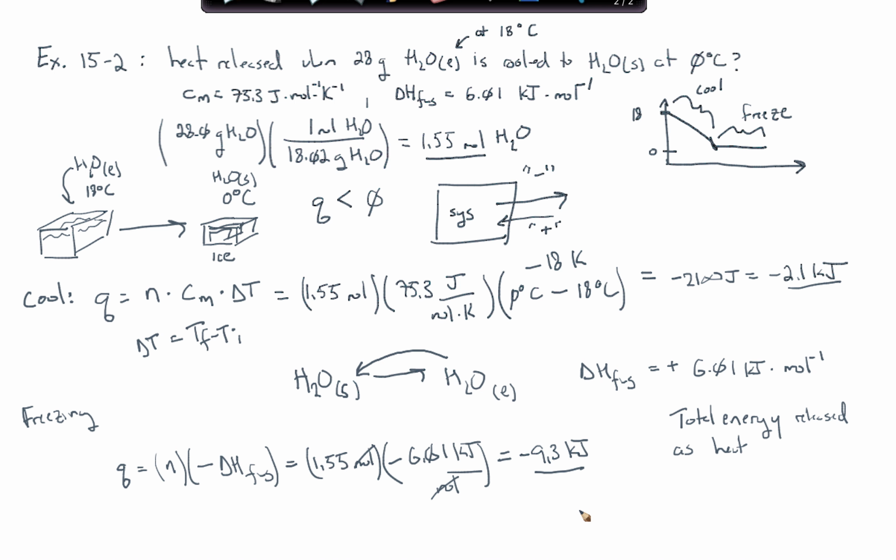So our total Q here, the total amount removed as heat, is equal to minus 2.1 kilojoules plus minus 9.3 kilojoules, and that's minus 11.4 kilojoules.